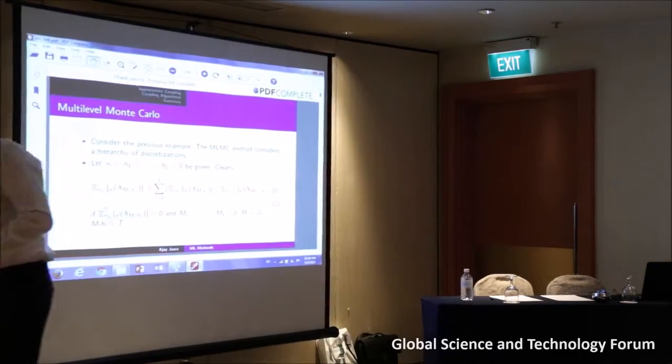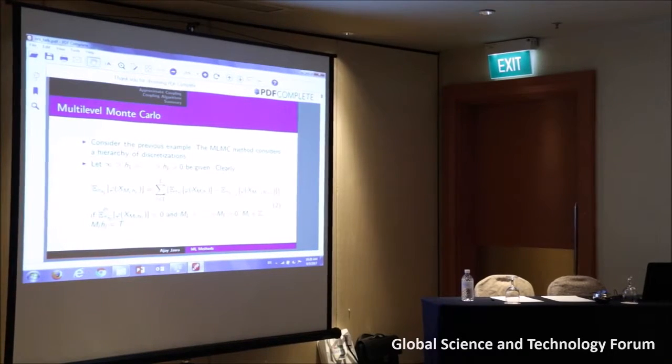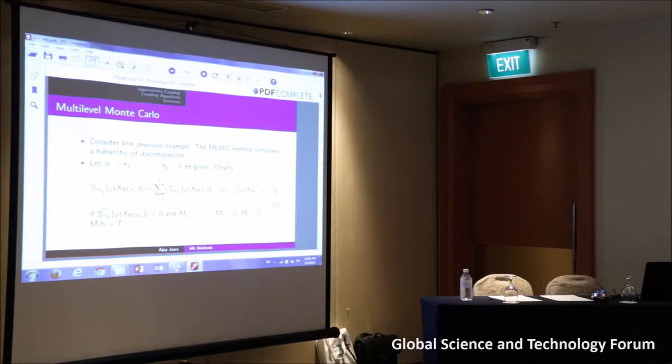If you just have two discretizations, you take the expectation of psi x at level capital L, where L is 2, and that's the same as the expectation at L minus the expectation at L minus 1, plus the expectation at L minus 1. Okay, that's all I'm writing here.